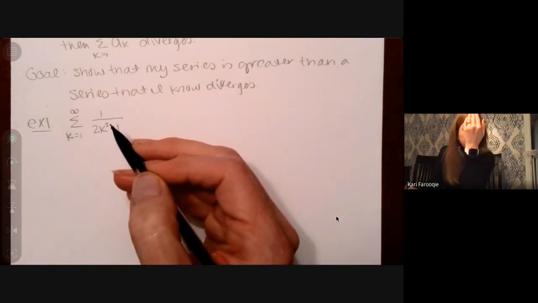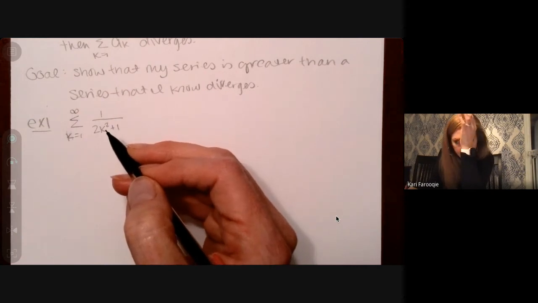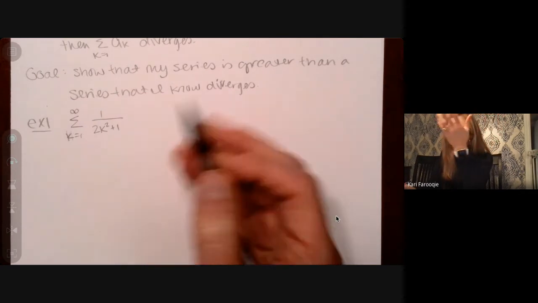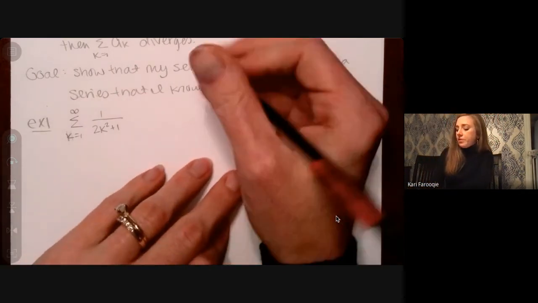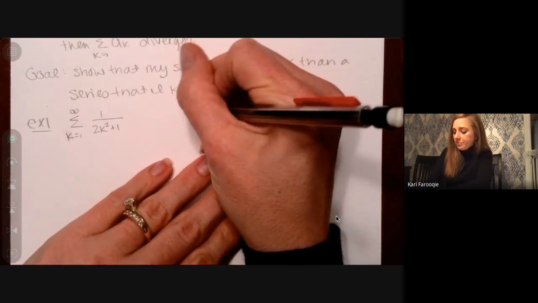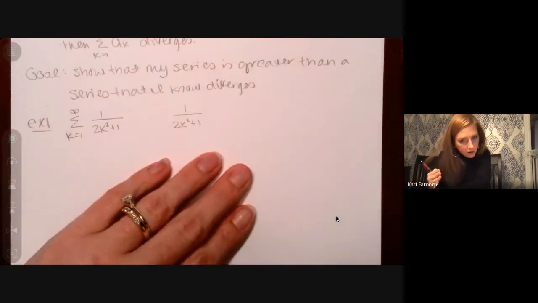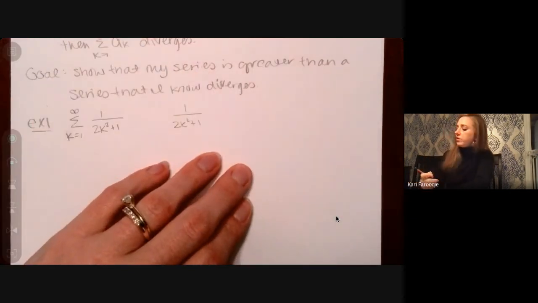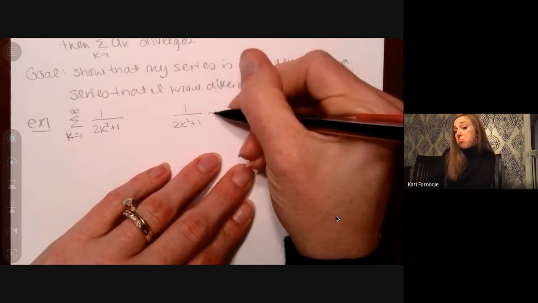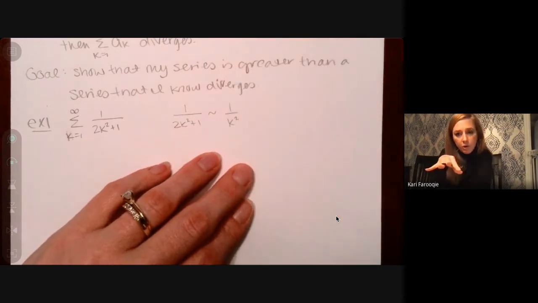So what this resembles is just going to be your p-series, 1 over k to the p, where p equals 2. So I'm going to say that this resembles a p-series. This is my informal note to self: this looks kind of like 1 over k squared.